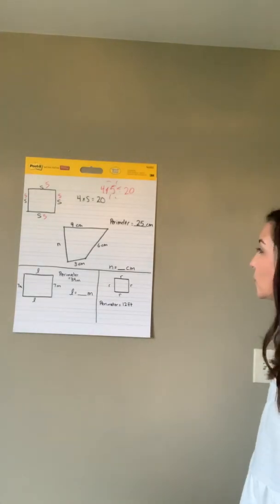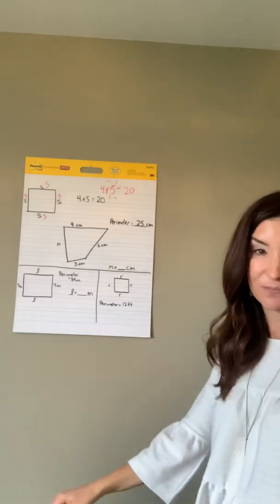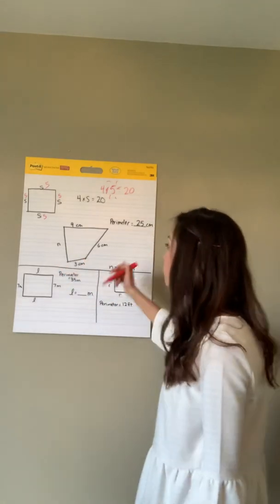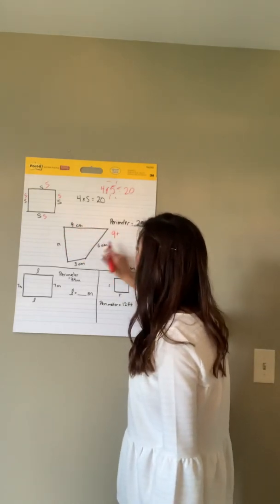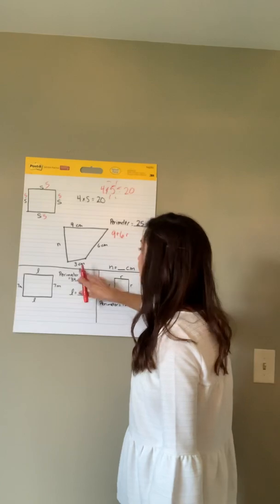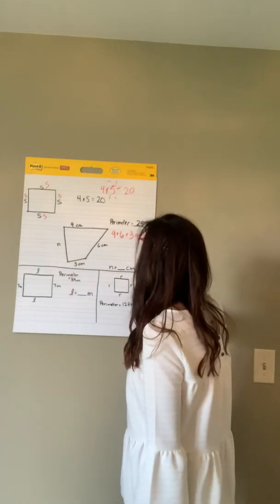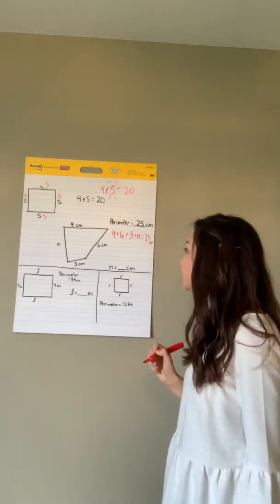Okay, let's go on to a new one. This one right here. Perimeter is 25. Okay? We need to find n. So we have 9 plus 6 plus 3 plus n equals 25 centimeters, okay?